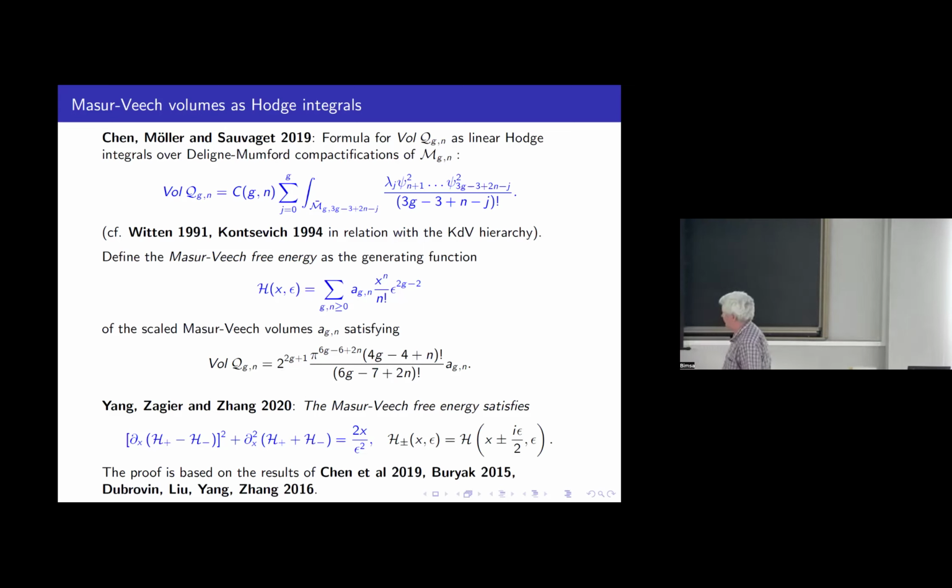So that was also a very important link between two problems: calculation of Masur-Veech volumes and the story of Witten and Kontsevich and all this. So this is a very remarkable achievement. Why? Because it gives us a recurrence relation, right?